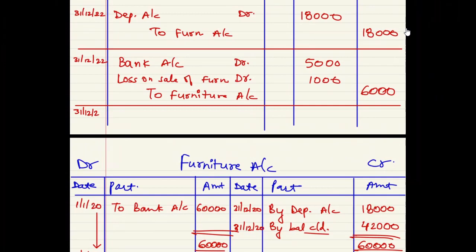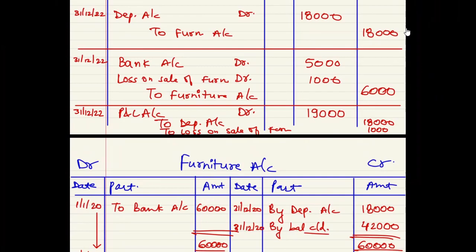So on 31st of December itself, P&L account is debited to depreciation account, because depreciation also needs to be transferred to P&L, and loss on sale of furniture account also. So loss on furniture account is 1,000, depreciation is 18,000. So my P&L account will be debited by 19,000. So 19,000 will be booked in my P&L.